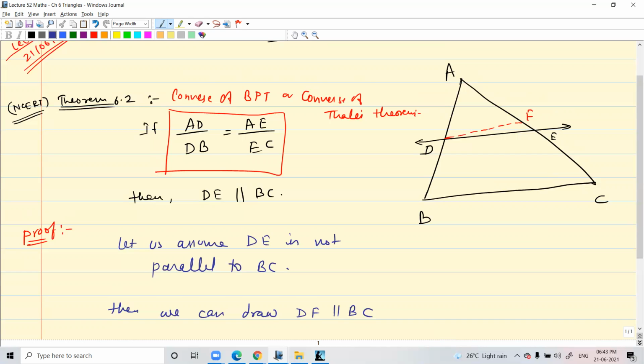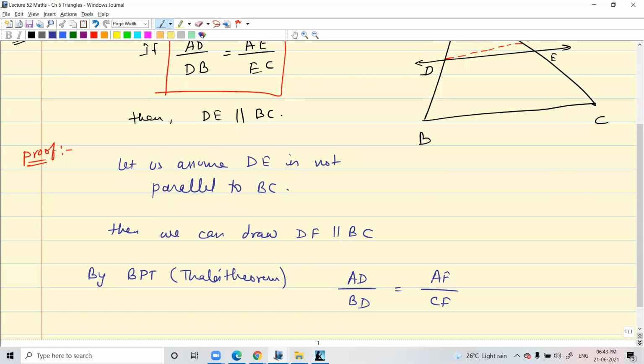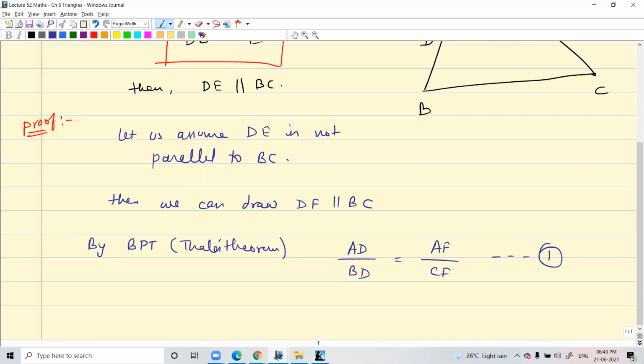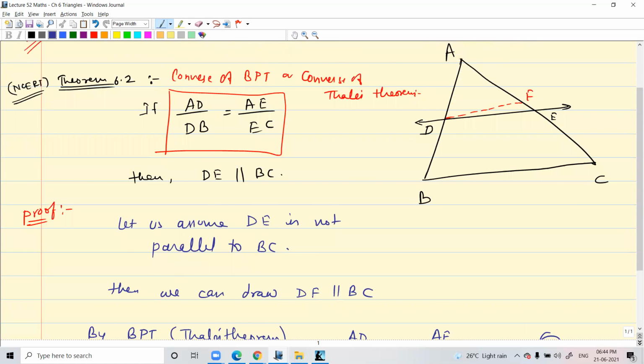AD by BD will be AF by CF. Excellent. But remember what is already given in the proof: AD by DB is equal to AE by EC.